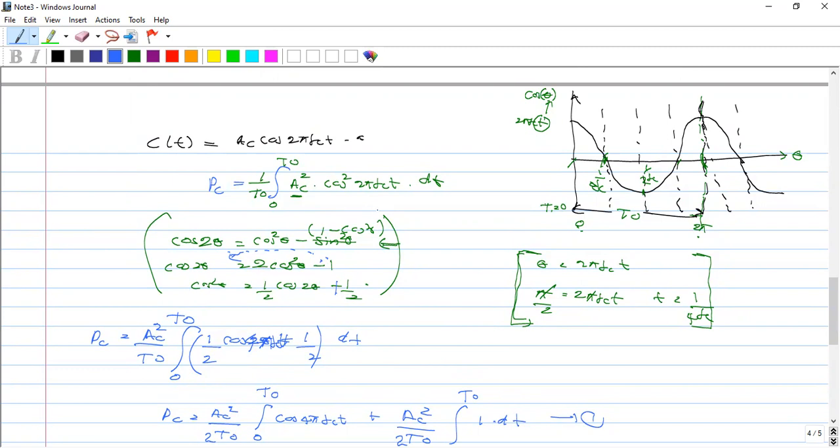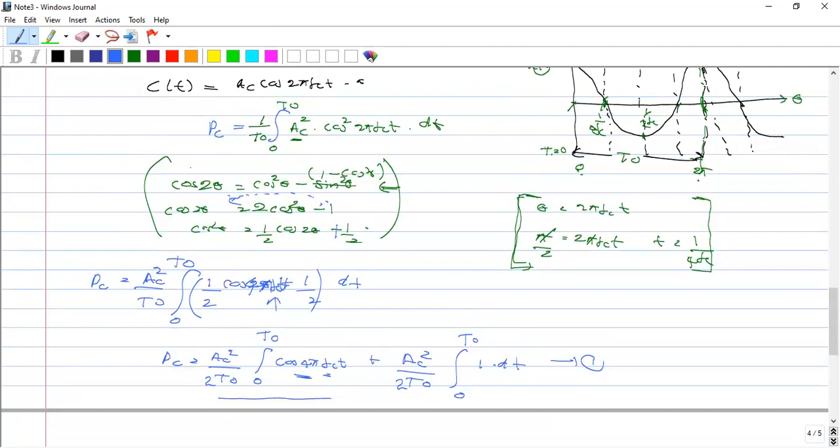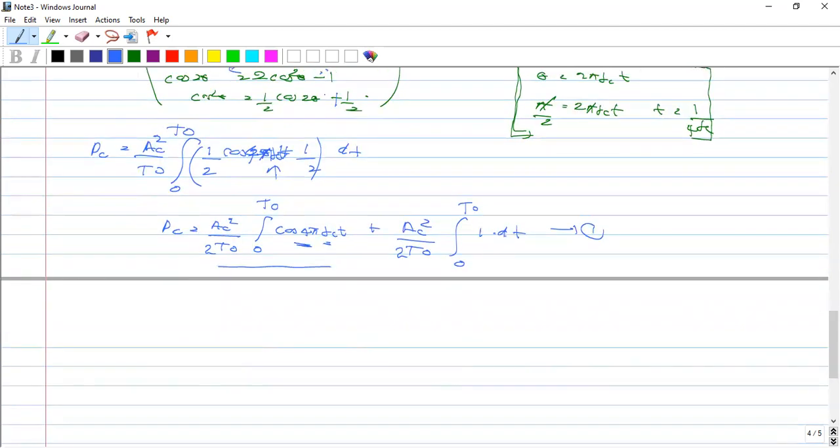For this signal, the frequency is fc, and now here it is 2 fc. Here the frequency is fc, and here 2 fc. That means the frequency is double.